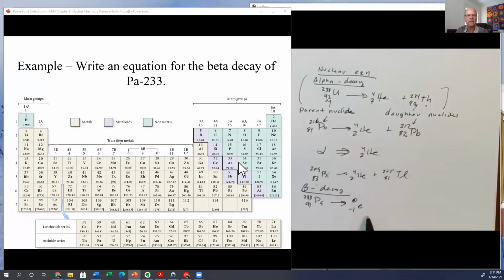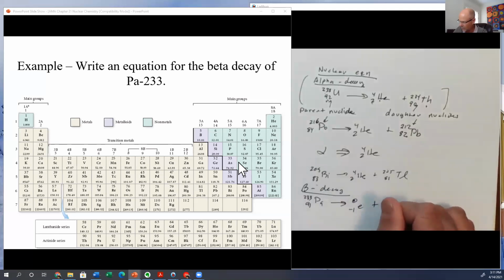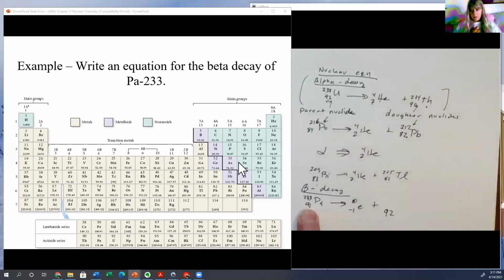Now if we just play the same game where the numbers have to add up on the left and the right, we can figure out what the daughter nuclide is. What would be the atomic number for the daughter here? It'd have to be 92, right? Because 92 minus 1 is 91. They have to sum, and you have to include the sign.